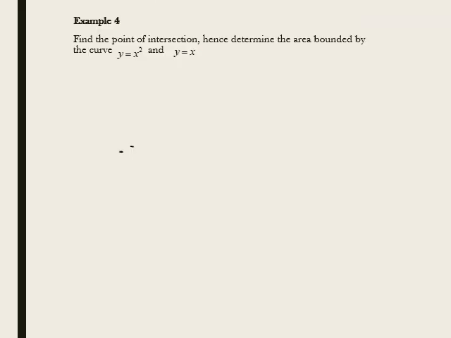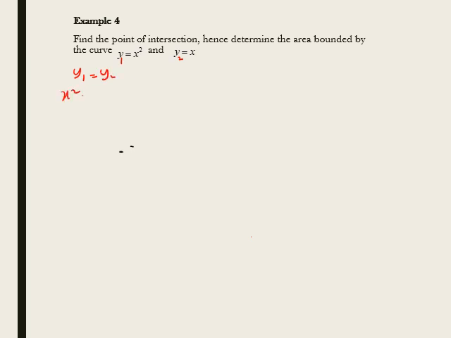Okay, for this question, there's no sketch given, so you need to sketch it on your own. First of all, we need to find the point of intersection. So again, to find the point of intersection, we let y1 equal y2.